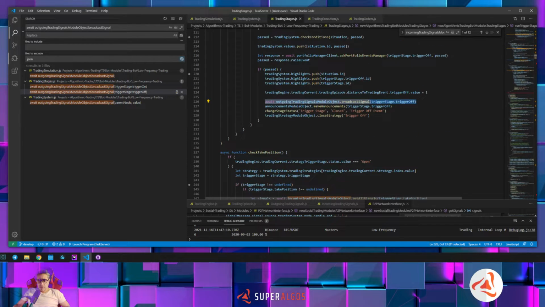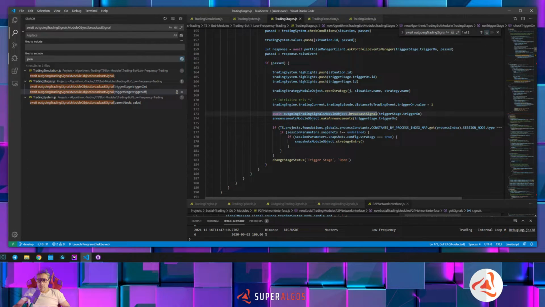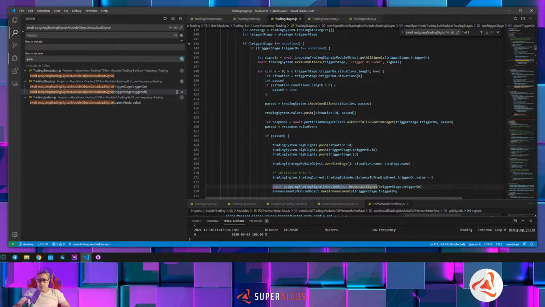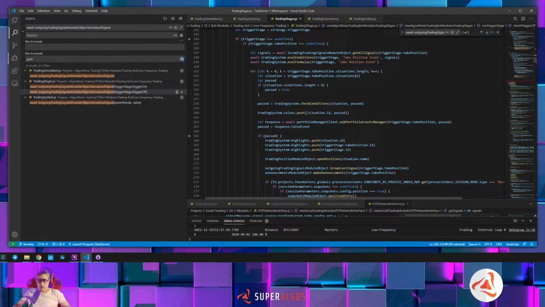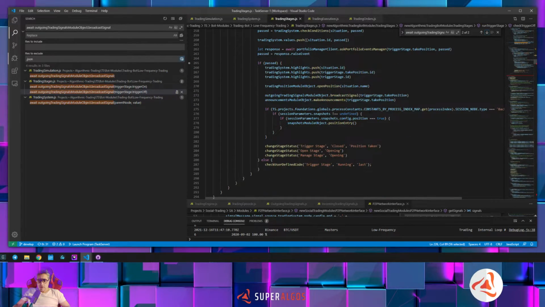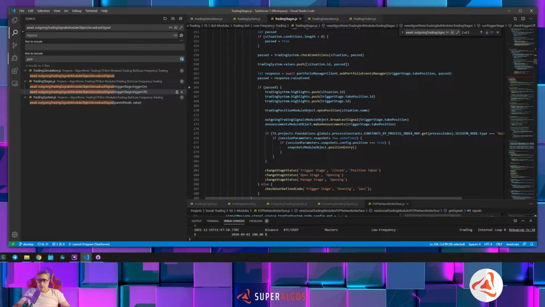Wait, hold on, something strange here. Trigger on, trigger off. Because it doesn't have an await here. It's not waiting for this. Okay.